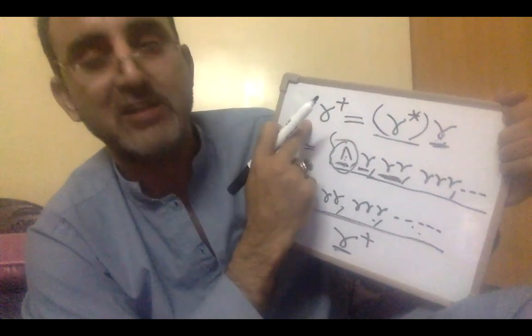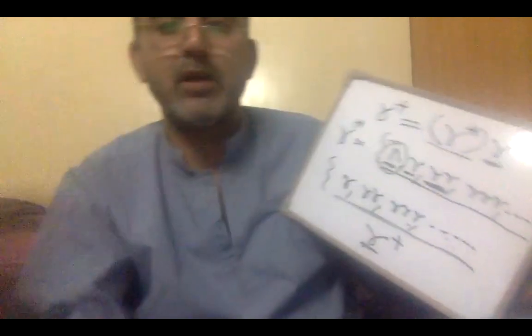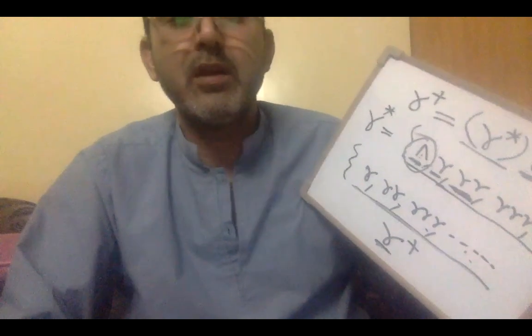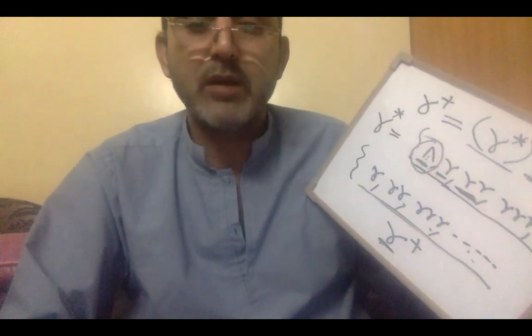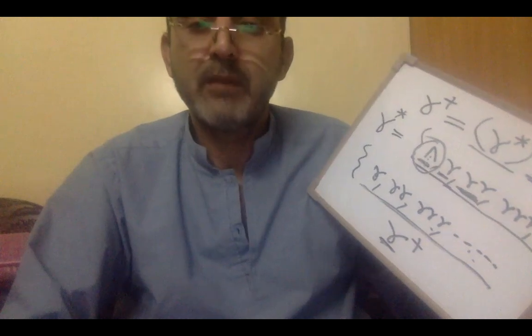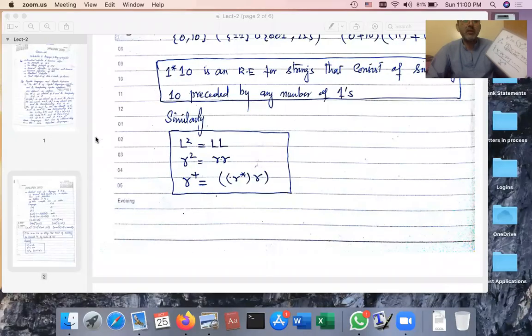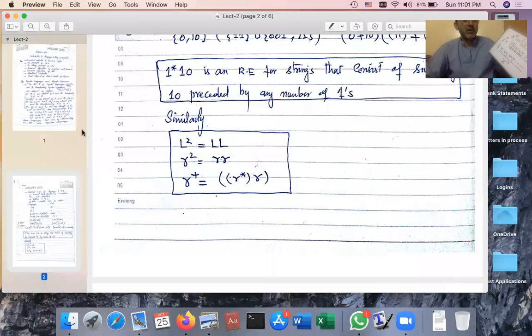This left hand side is equal to this one. Okay, now we can move back to our notes. So now you can see on the screen that this R plus is equal to R star into R.